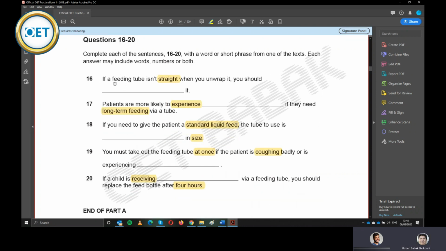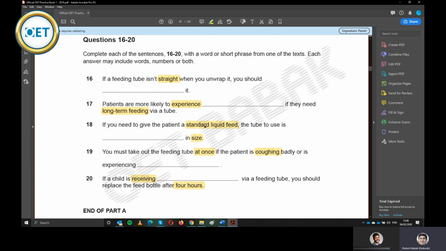So 16 is stretch it. You should stretch it. Patients are more likely to experience what if they need long-term feeding via a tube? Okay. So this one, the tube to use is 6 FR in size, okay?